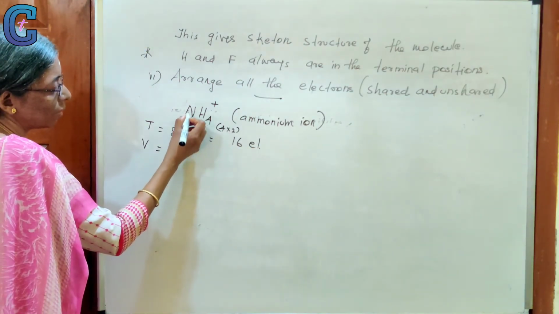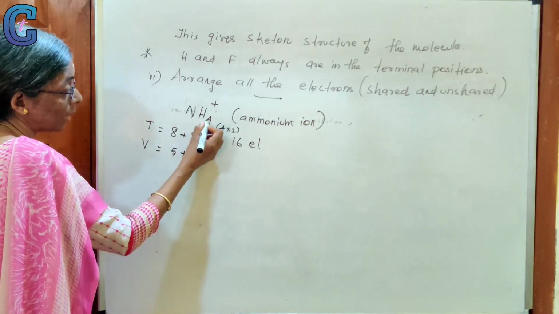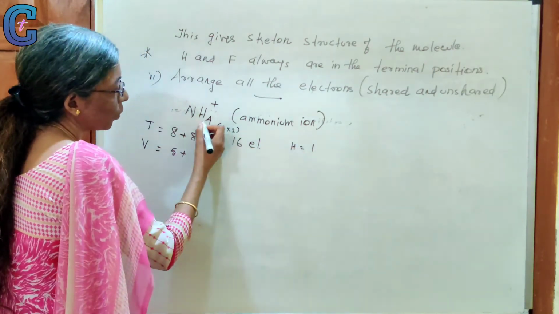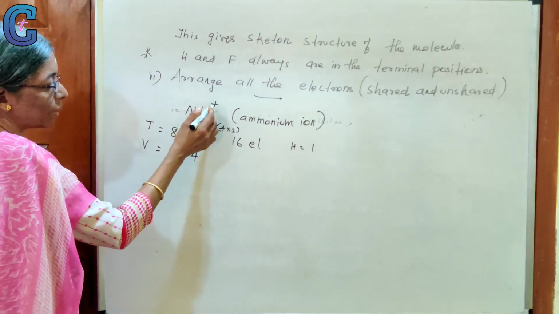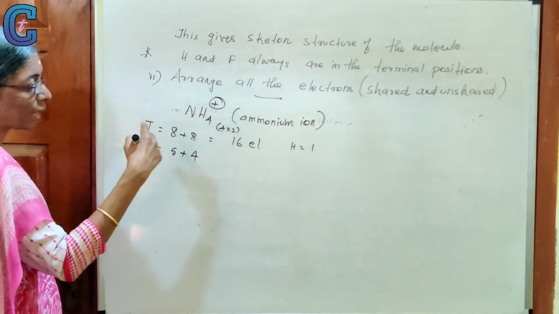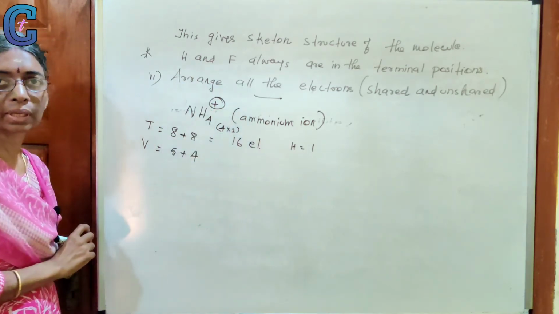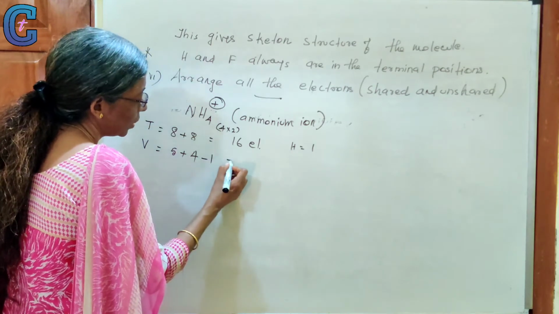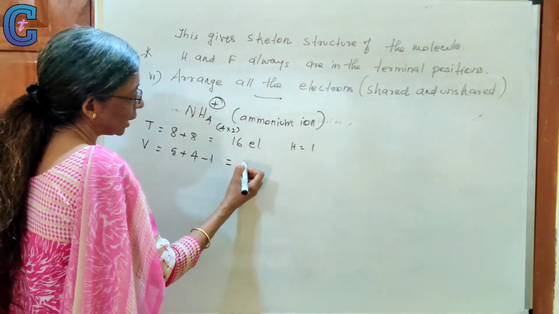For nitrogen, what is the valency? 5. So 5 plus hydrogen. How many hydrogens? For hydrogen 1, for 4 hydrogens, 4 electrons. Here plus is there, so for a cation, subtract the charge. Here 1 unit positive charge is there, so you subtract 1. 9 minus 1, 8 electrons.